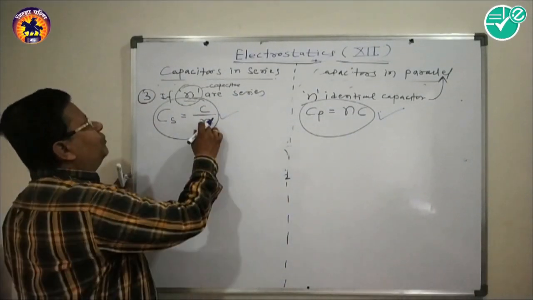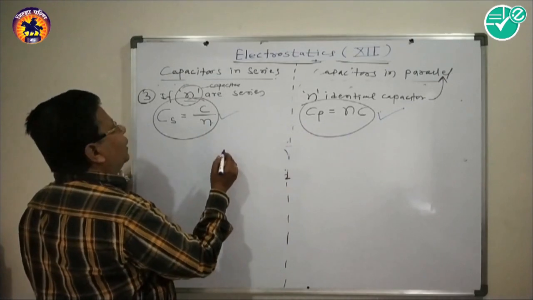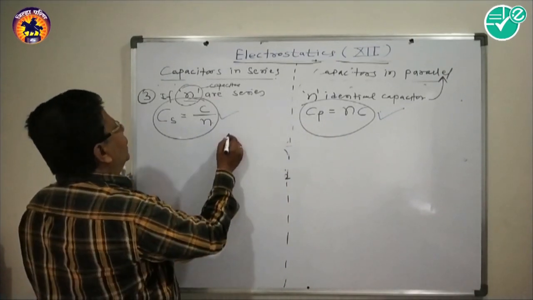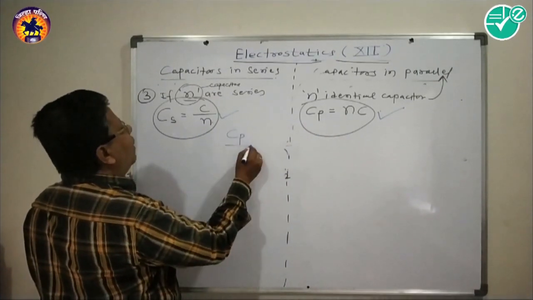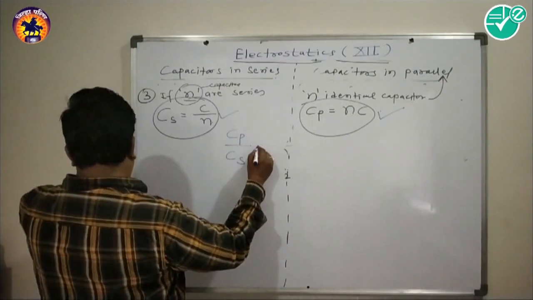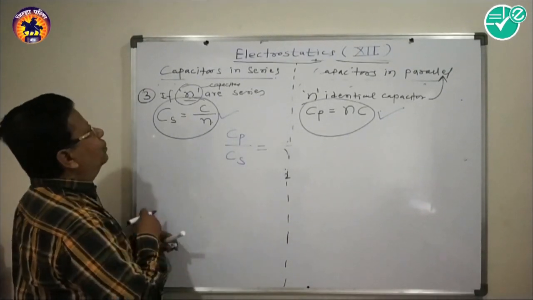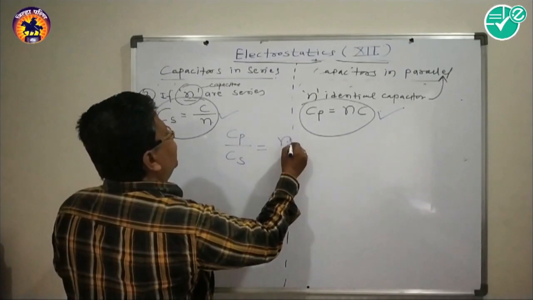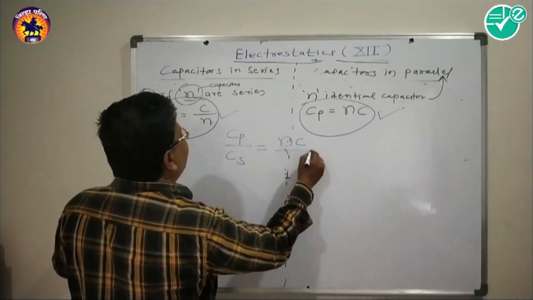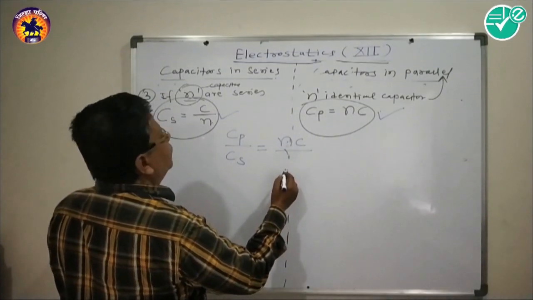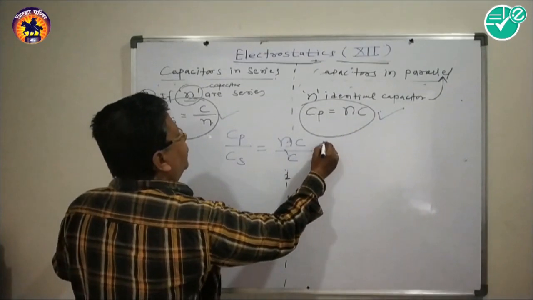And from these two equations, we conclude that Cp upon Cs is equal to nC divided by C by n.